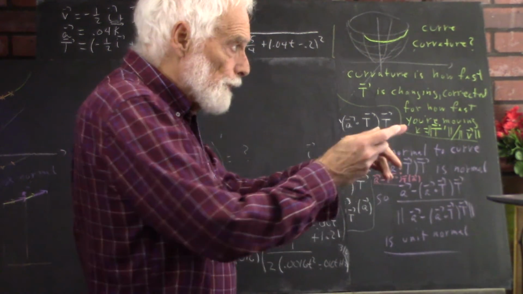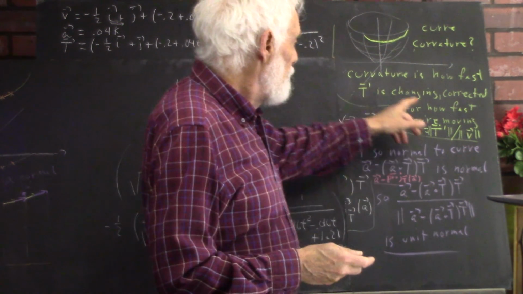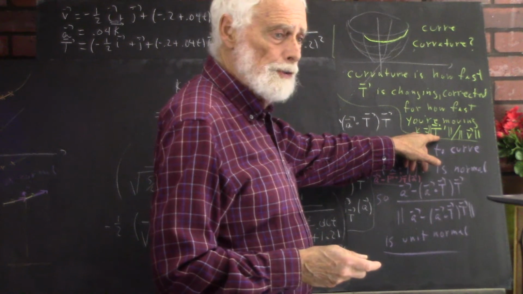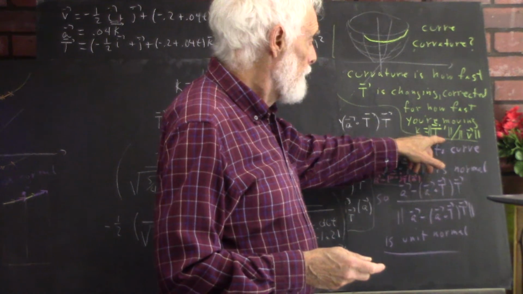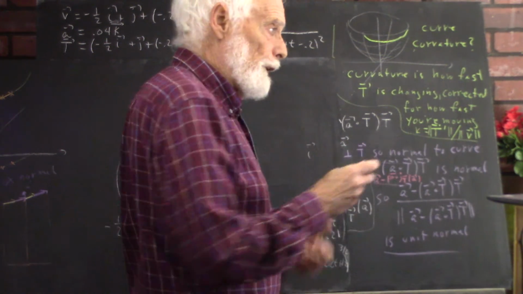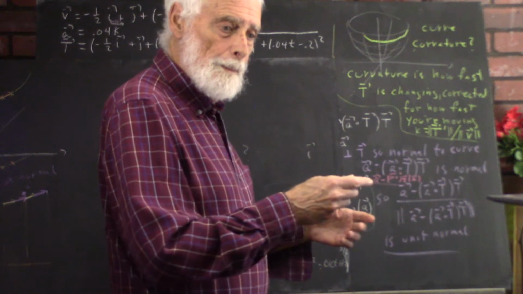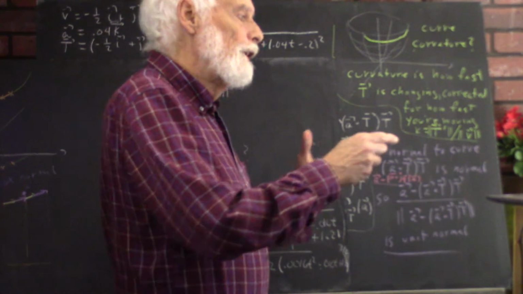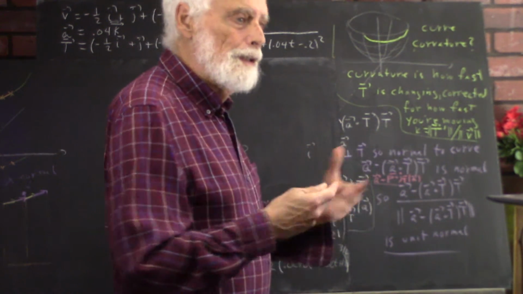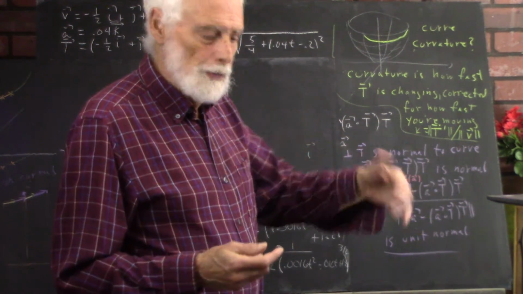You look at how much your direction changes and divide that by how fast you're moving. Because the faster you're moving, the faster your direction changes for a given curvature. If you divide how fast you're moving into the rate at which your direction is changing, then that corrects for the fact that maybe you're moving faster or maybe you're moving slower.